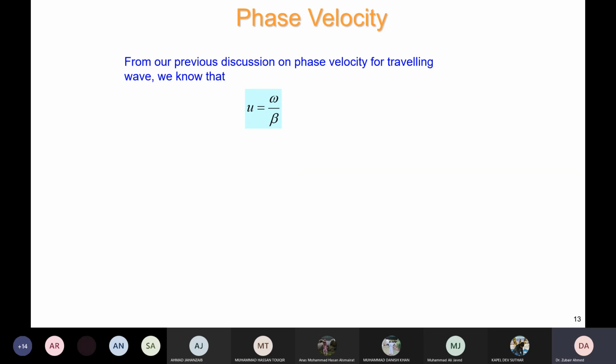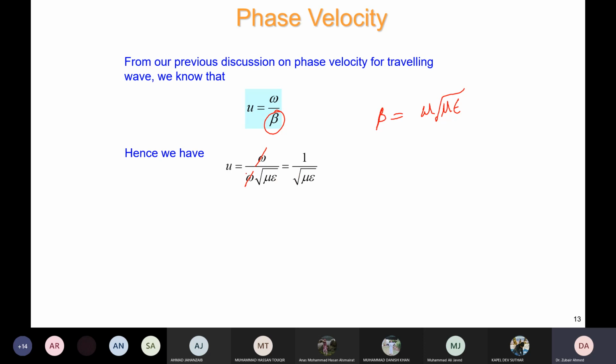From our discussion in the previous lecture, we said that the phase velocity of a traveling wave is u equal to omega by beta. We have defined beta in this lecture as beta equal to omega square root of mu epsilon. If you replace beta with this, then omega will cancel, and u will become 1 over square root of mu epsilon.